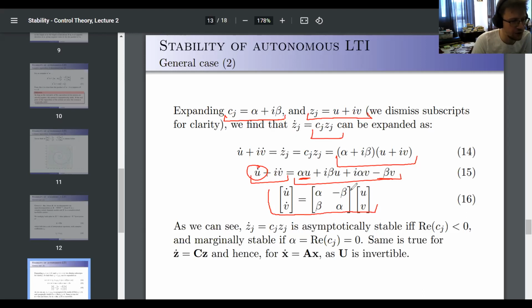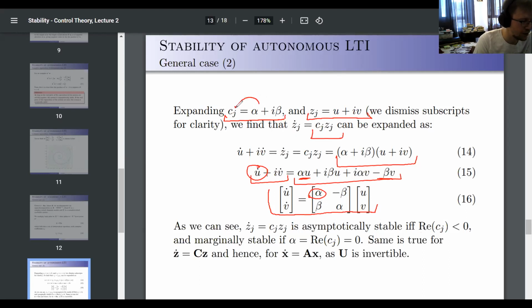And this equation we already know how to solve. This equation is stable if and only if its eigenvalues have negative real parts. So if alpha is negative, it is stable. And what is alpha?